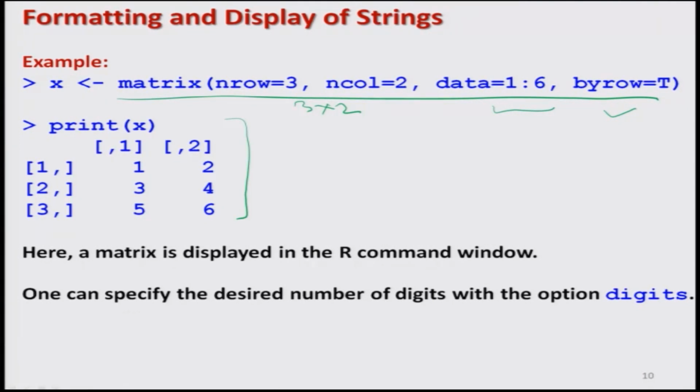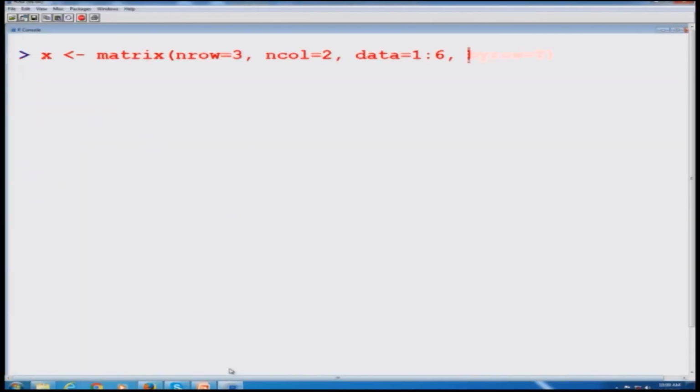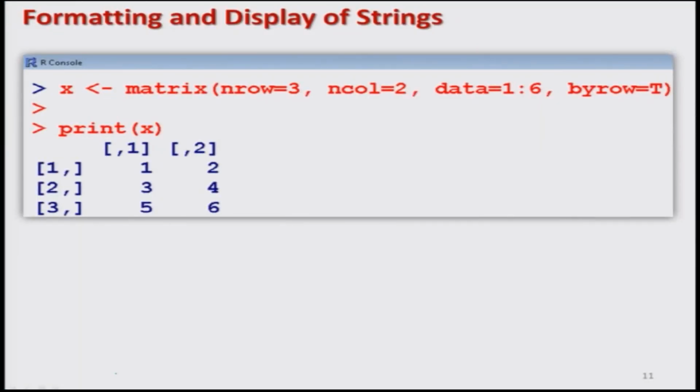One can also specify the desired number of digits with the option digits depending on your requirement. Let us see whether this matrix is printed over our console or not. You can see print x, and now you can see the screenshot of the same outcome.